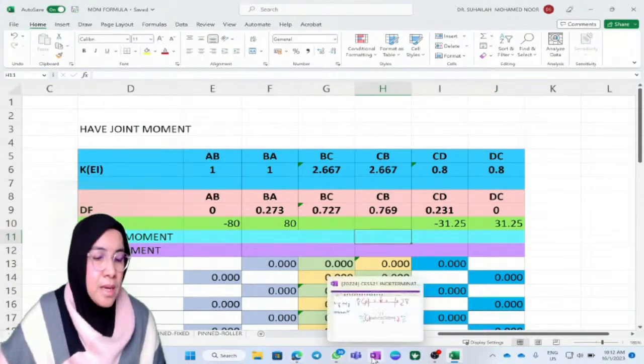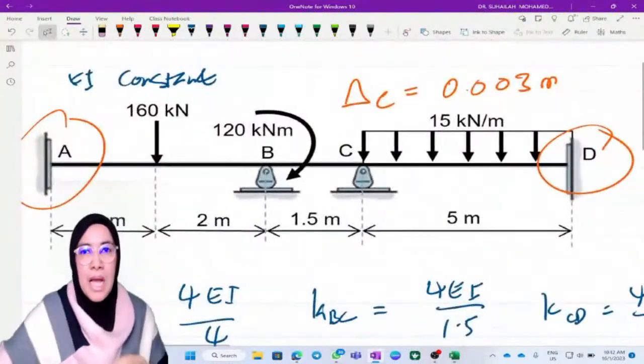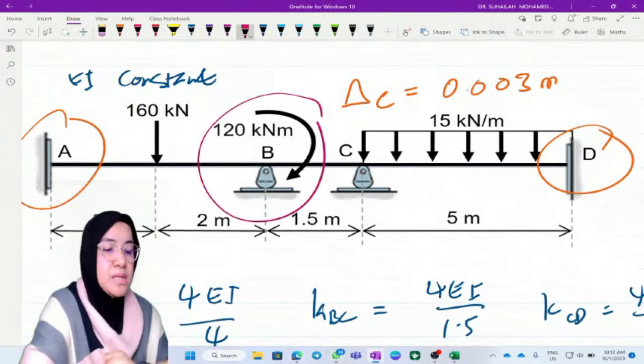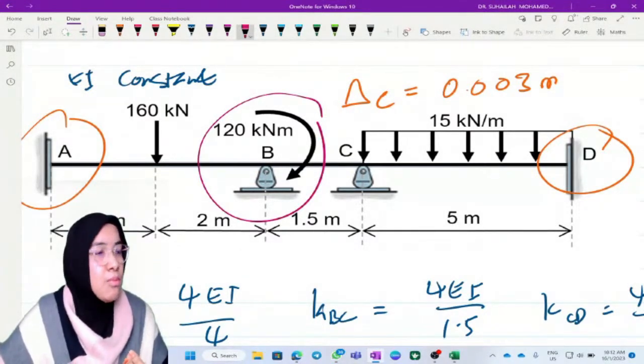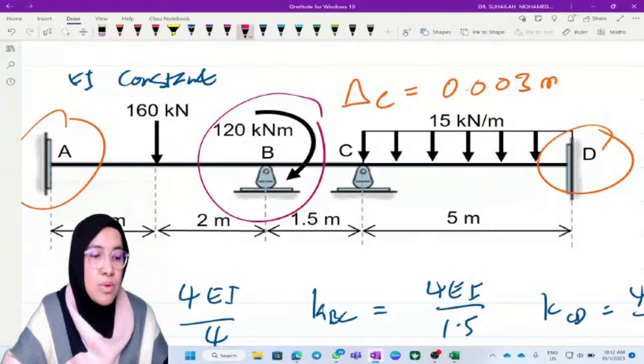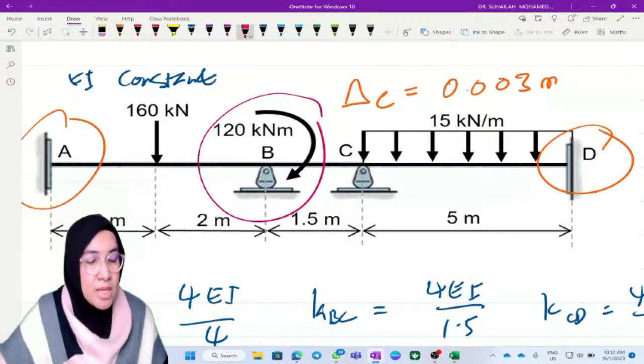Be careful, because in this question we have a joint moment. Remember, the moment that we distribute is the joint moment. For the first distribution, we have to consider this 120 joint moment.